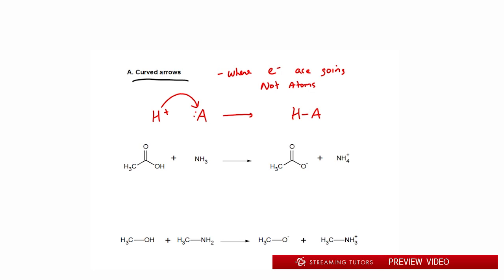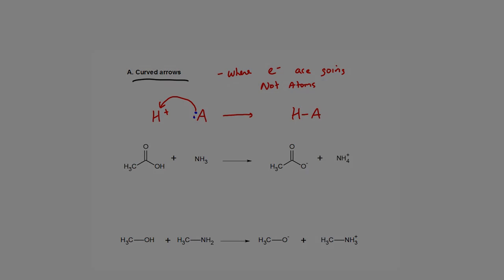Okay? We're going to actually not do it this way. What we're going to say is that A is going to have its electrons go over to the H. See the difference? So this is the correct way to do it. You say where the electrons are, that's where you begin your arrow, your arrow diagram, and you show where it's going. Now, notice that there are 2 electrons here, 1, 2.